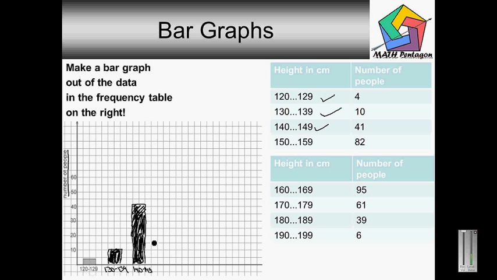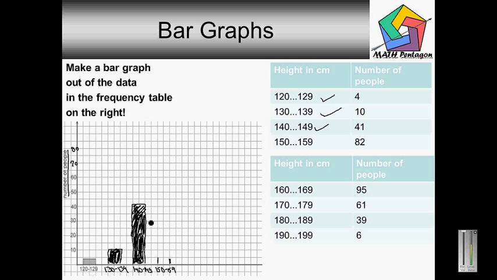150 to 159 height in centimeters, and the number of people is 82. So I'm going to put 150 here to 159, and I'm going to plot about right here. 82. Well, since I don't have 82 listed on the left hand side, I'm going to make this as 70, and then I'm going to make this as 80.